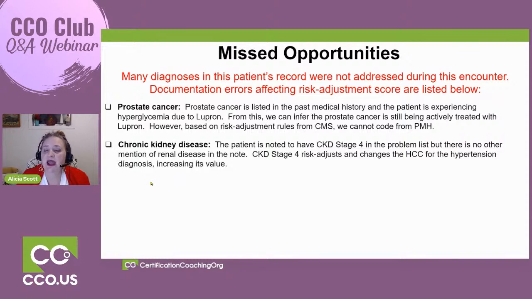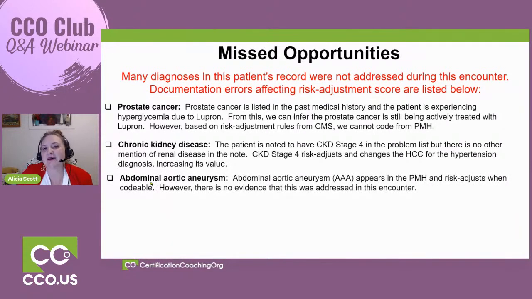All right. So now we know that when we don't capture one, then it affects probably more than one code. So we have a DM code as well as a hypertension code. The abdominal aortic aneurysm, the AAA, it's on the PMH, but guess what?